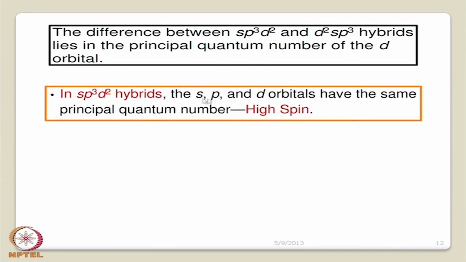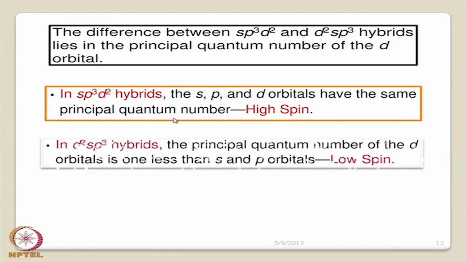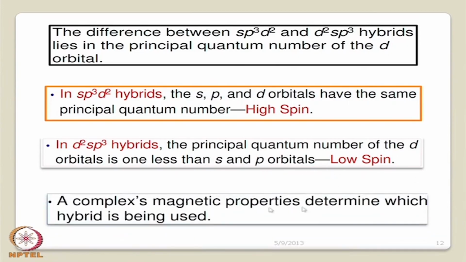So we have a change in the quantum number from 3 to 4. In sp3d2, the s, p and d orbitals have the same principal quantum number, and we have the high spin. When the d orbitals have one less, that means the s and p are of the 4th level and the d is from the 3rd level, we get the corresponding low spin configuration. Thus, a complex's magnetic properties basically determine which hybrid is being used.